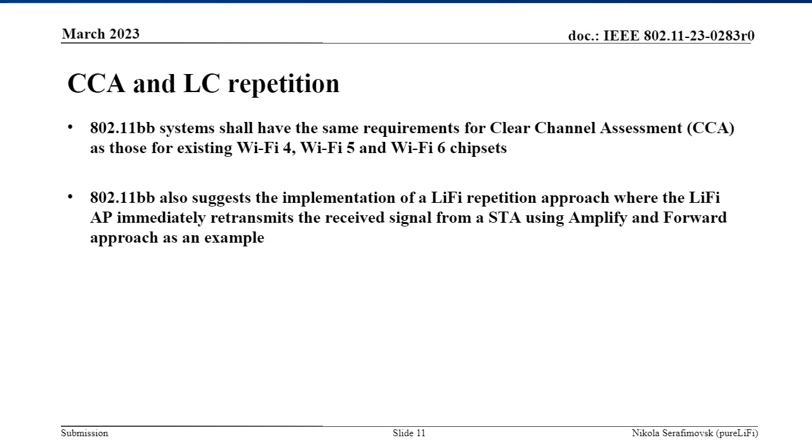Remember, the fundamental difference is that in 802.11, every station can hear every other station. So the hidden node problem is typically not that common. With light, because you have a very directional link from the user up to the access point, two user devices very rarely, if ever, hear each other. So they both assume that the channel is free.